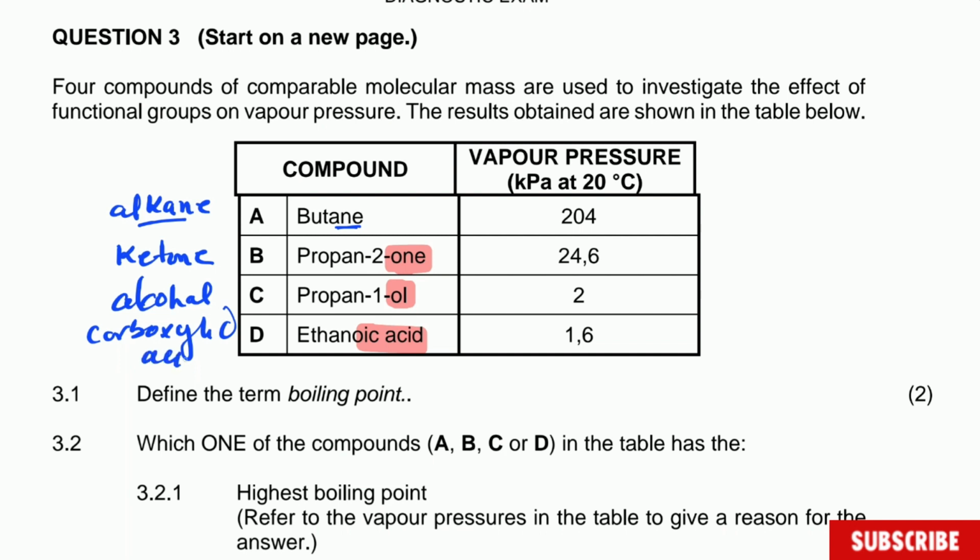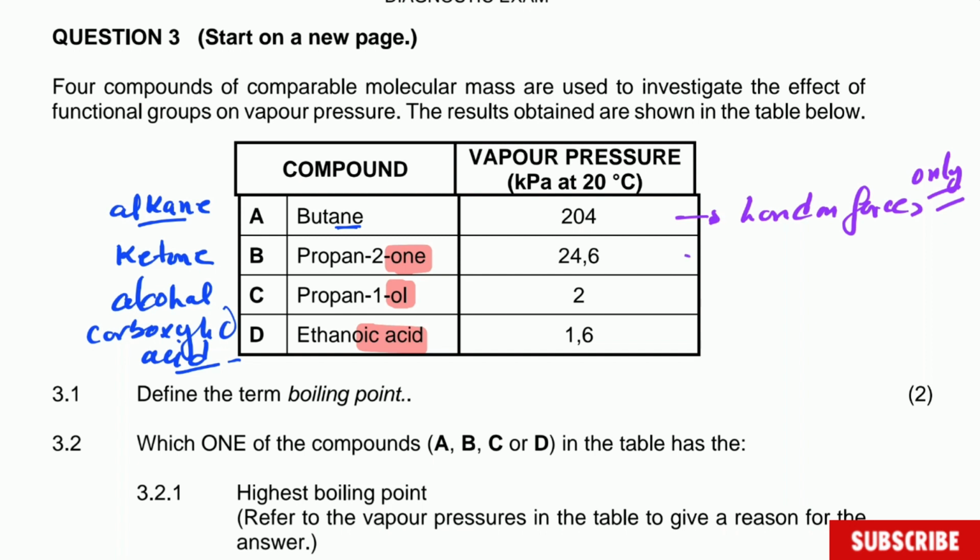Okay? Now, because we are working with physical properties, let's write here on the right the type of intermolecular forces that each of them will have. In the case of butane, we'll have London forces, and it's only London forces.